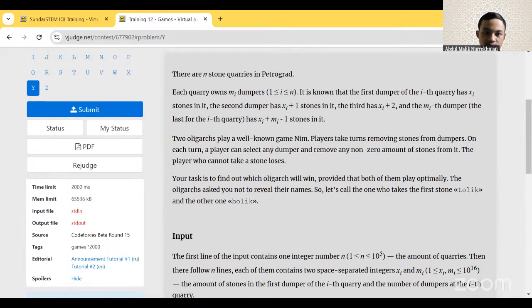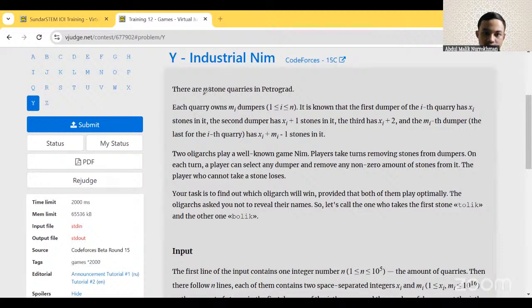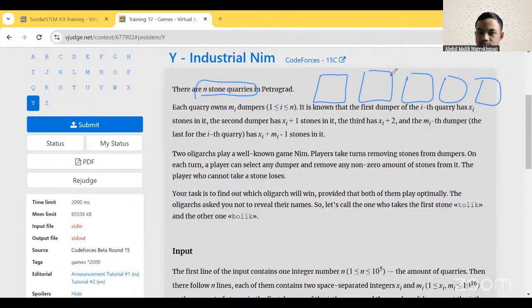Given n stone piles. In the first pile, there are x stones.